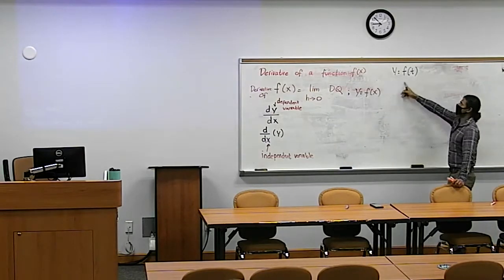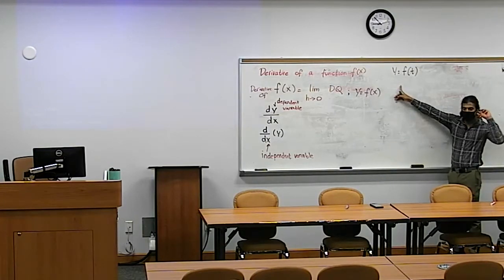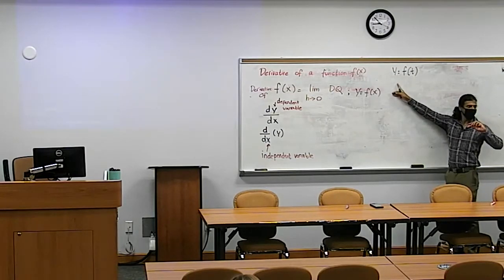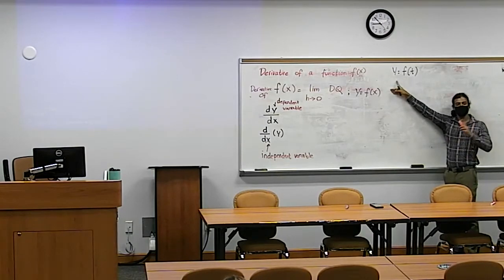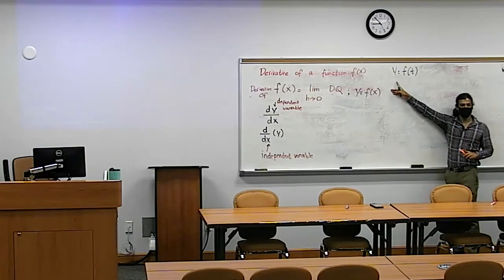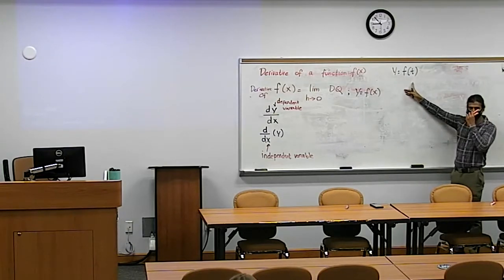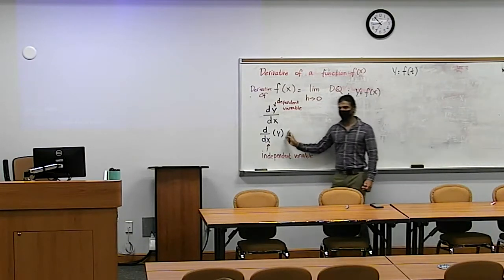What is the dependent variable here? It's still y, right? It is y. Now what is the independent variable? t. So how would you write the derivative? dy over dt. dy over dt.